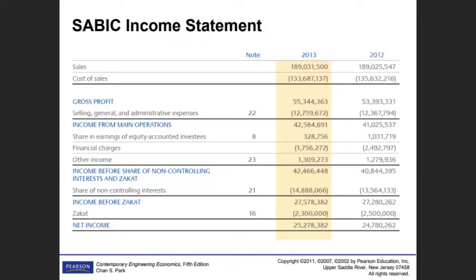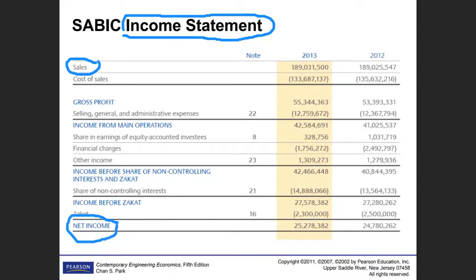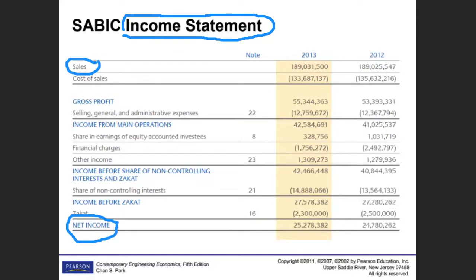So this is one typical example of a financial statement. There are different types of financial statements. One of them is the income statement. This is the income statement of SABIC. The income statement tells us, in simple words, what the sales were, and what the net income, the net profit, is. What are these concepts? We'll see it later on.